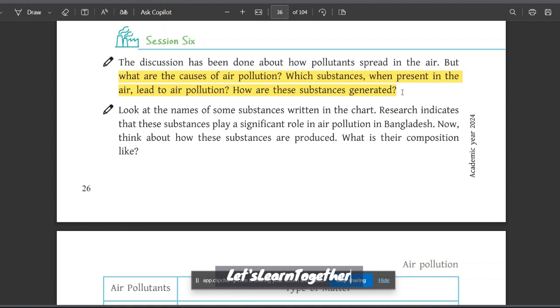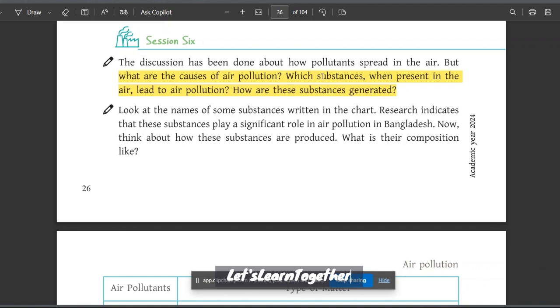Now, what causes air pollution then? Obviously, when these pollutants mix with the air present in our atmosphere, for example, if they react with oxygen in the atmosphere, they produce oxides, right? And those oxides are basically the things that cause air pollution.